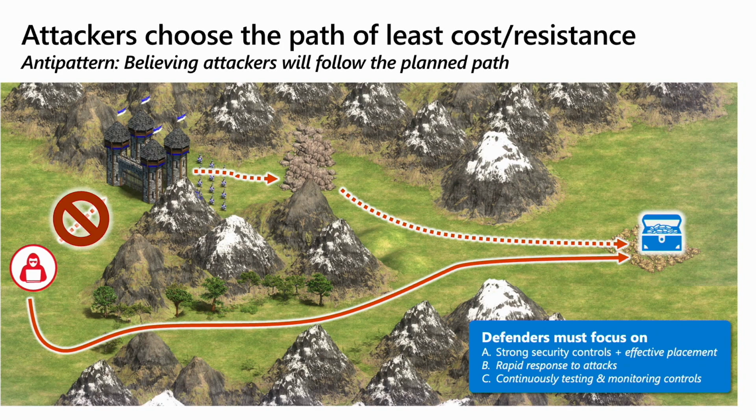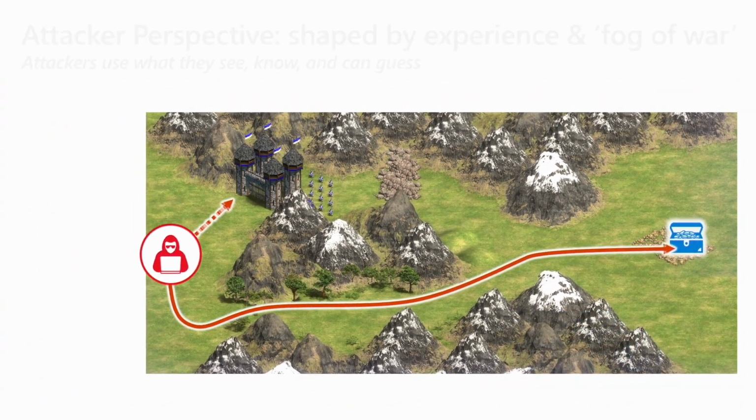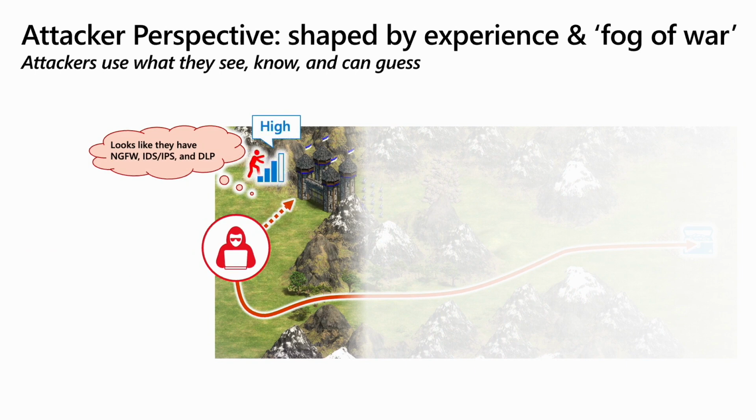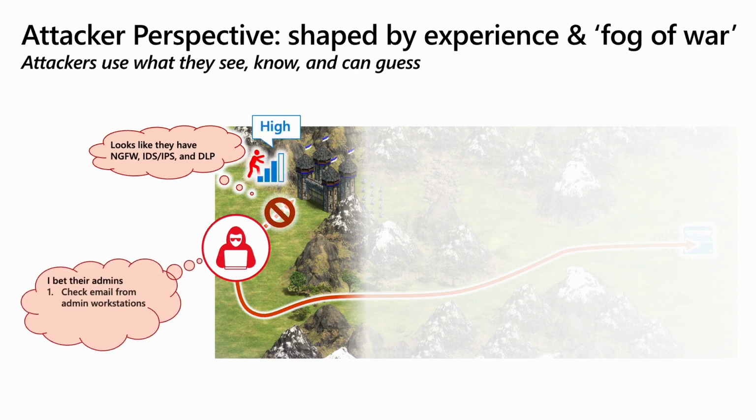And so taking a practical example of this, in this next slide, the attackers are pretty quickly going to figure out they've got next-gen firewall, IDS, IPS, intrusion detection prevention, and data loss prevention. Let's go ahead and try something different. I bet you their admins would love to get paid more to do their job, and they'll probably check email from their admin workstations. So let's go ahead and send that phishing email.